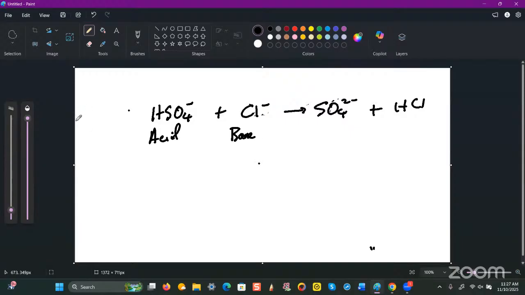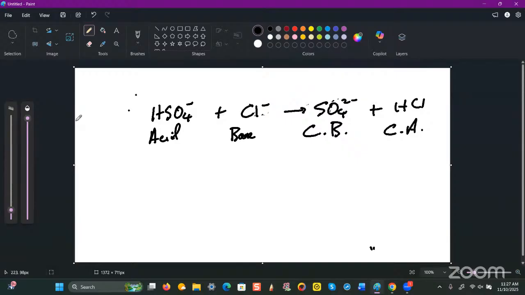So which of the two on the right would be the conjugate base? SO4 2 minus. Exactly. I'm just going to put CB here, which means that this would be the conjugate acid. Very good. That's basically how you can determine what is what in terms of acid, base, conjugate acid.